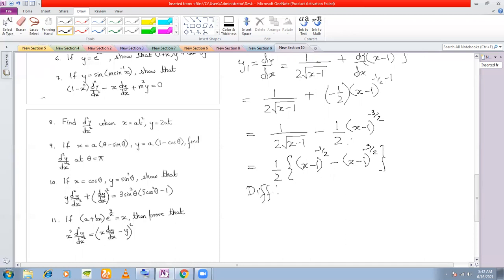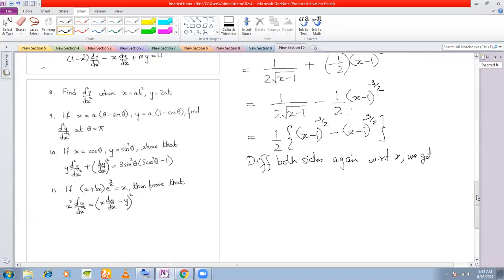Differentiating both sides again with respect to x, we get y2 is equal to half, you take common, you take outside because it is a constant. d dx of x minus 1 to the power of minus half is minus half x minus 1 to the power of minus half minus 1, right?